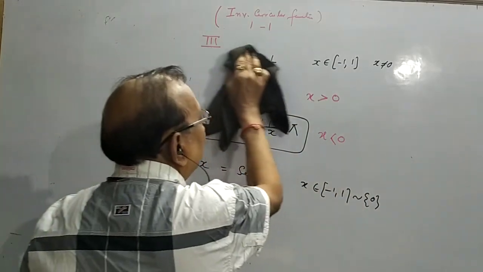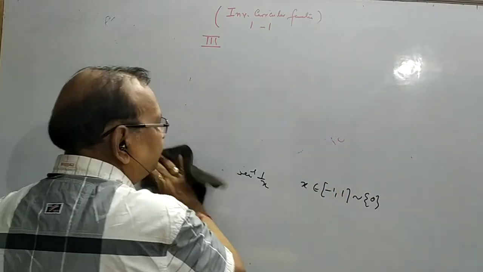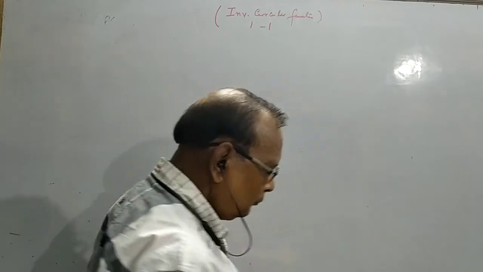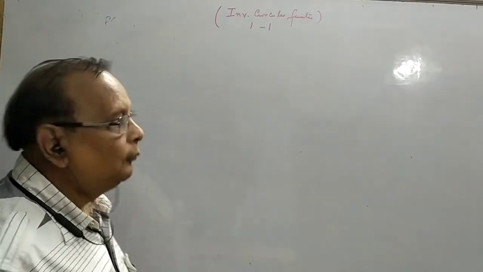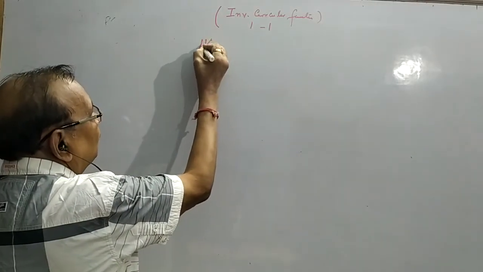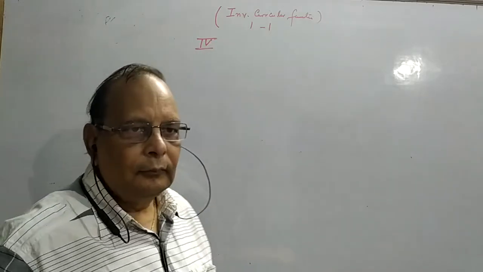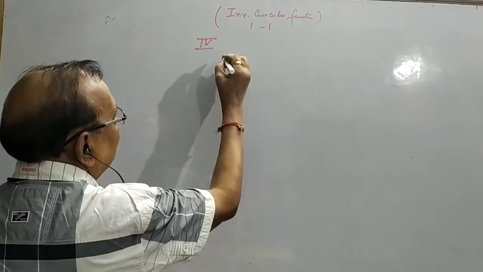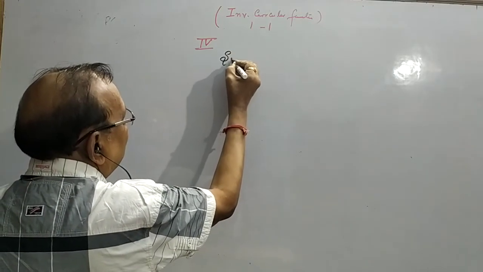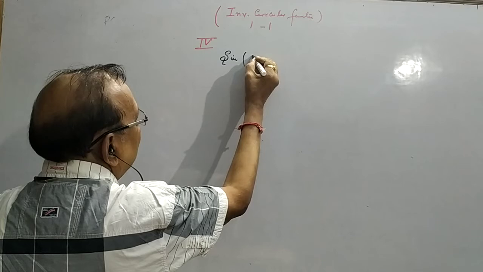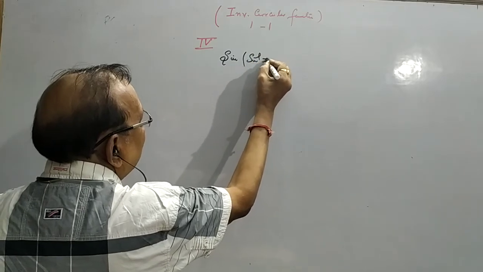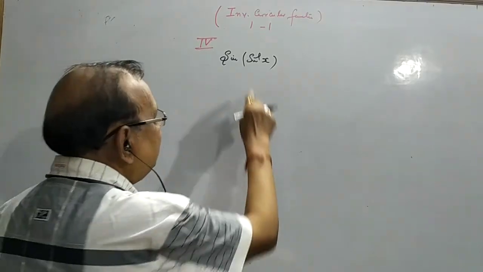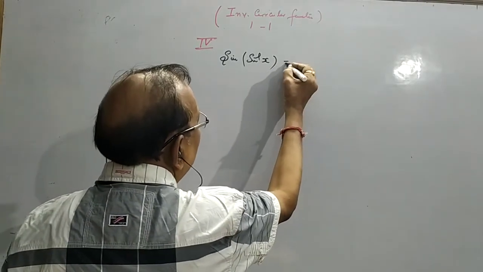Now, fourth set. Fourth set, I am describing sine inverse x. Sine inverse x is the measure of an angle, that is theta. Sine theta is equal to x.